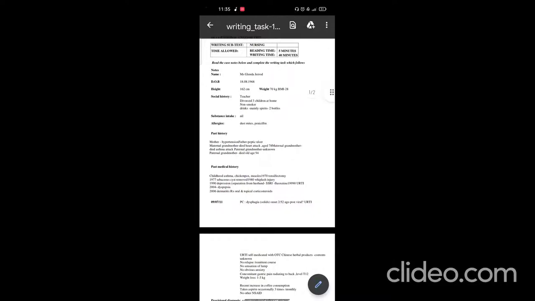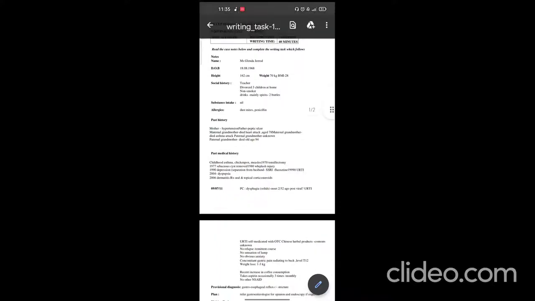So here the patient name is Miss Glenda Jerrod, date of birth 18/8/1968, height and weight they have given, BMI is 28. Social history: teacher, divorced, 3 children at home, non-smoker, drinks mainly spirits, 2 bottles, and substance intake nil. Allergies: dust mites, penicillin.